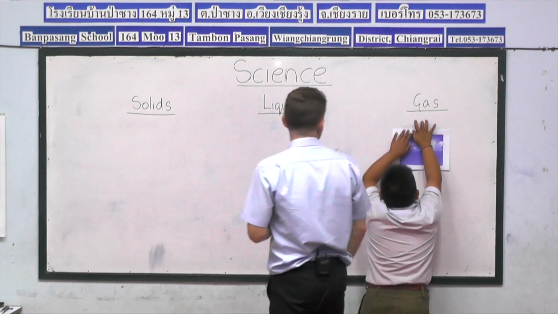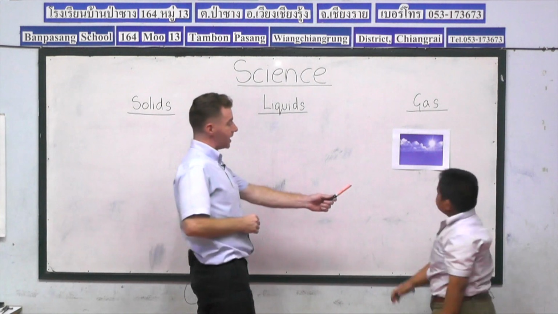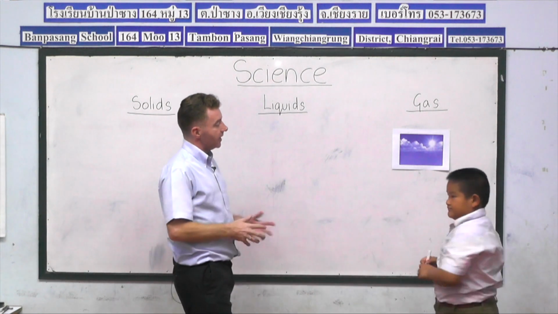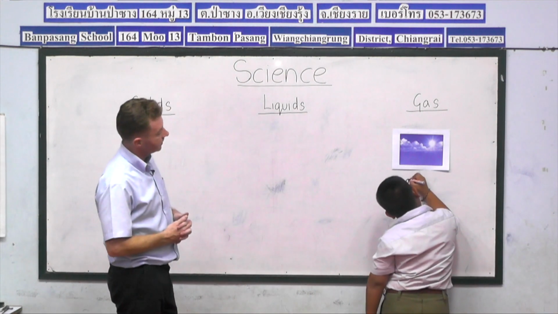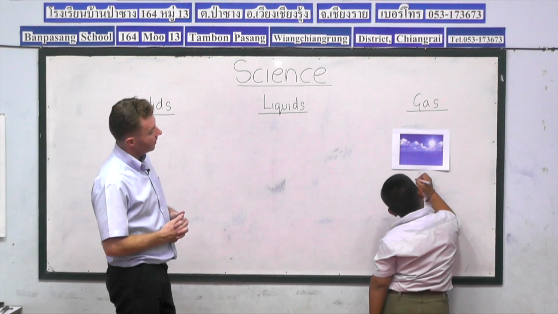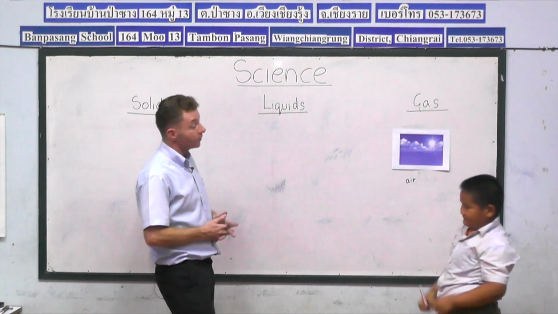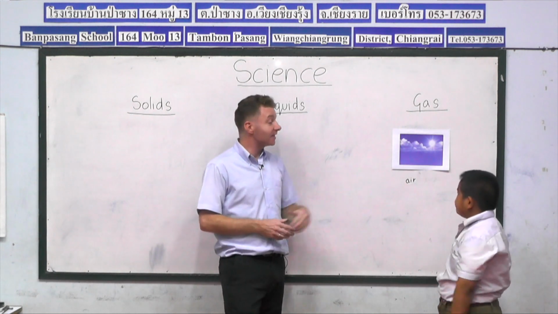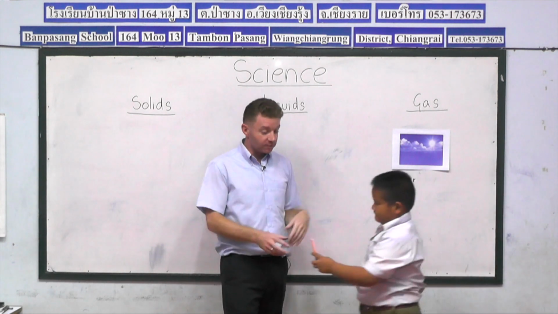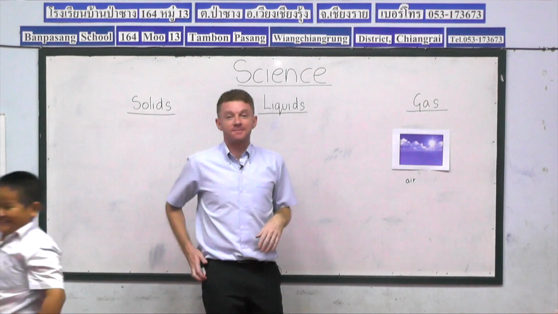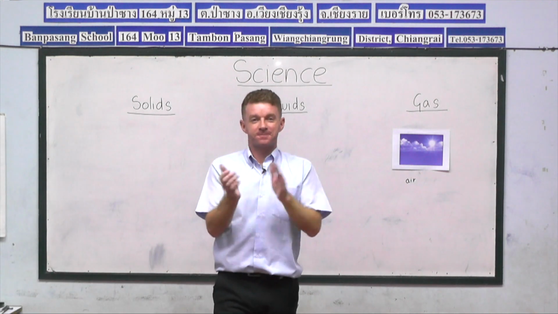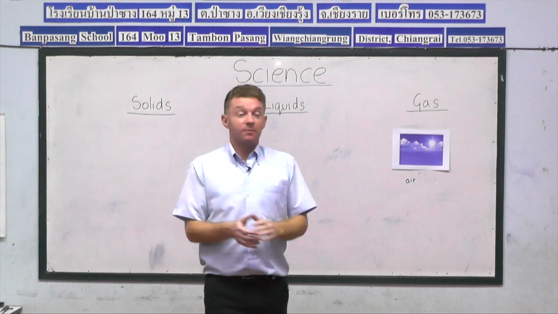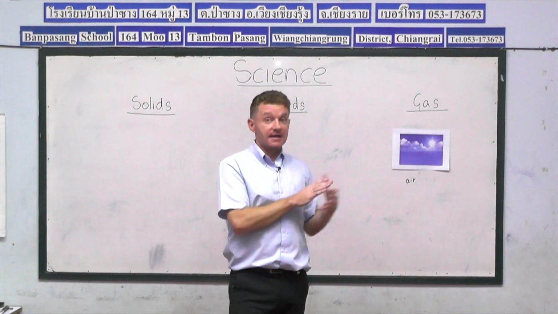And now, Net, can you write the word air? Air. A. Excellent, Net. And then you can say air, gas. Excellent, Net. Well done. Big round of applause for Net, please, guys. Because we know air is a gas.